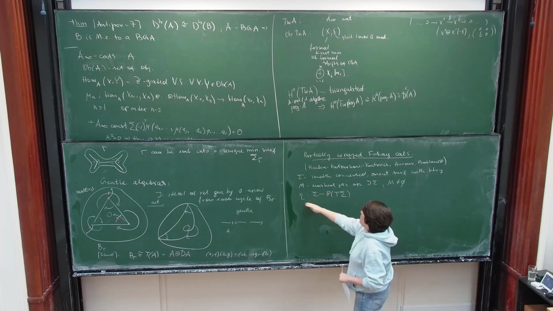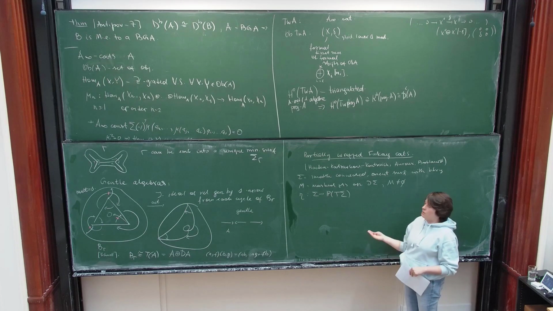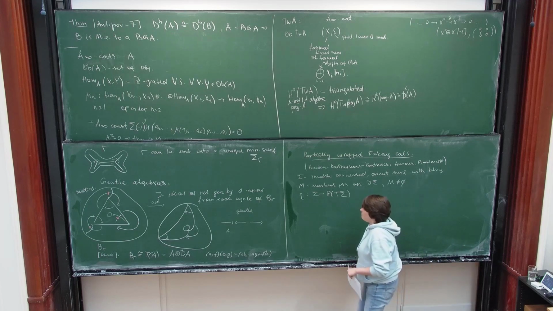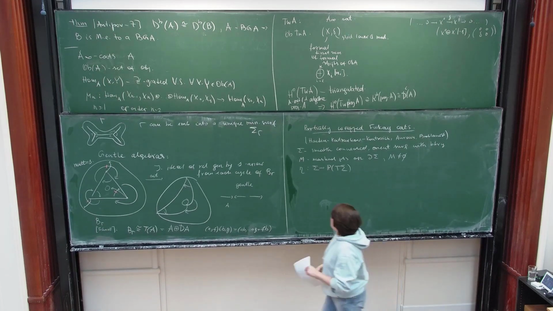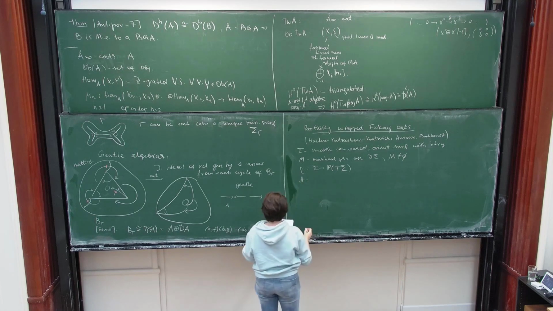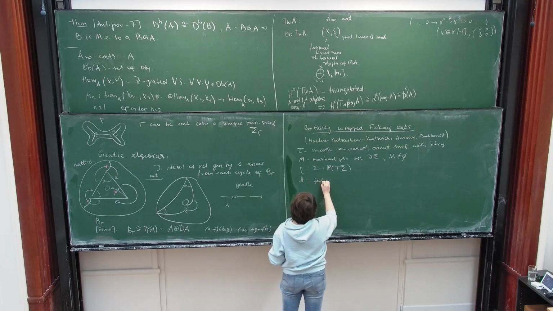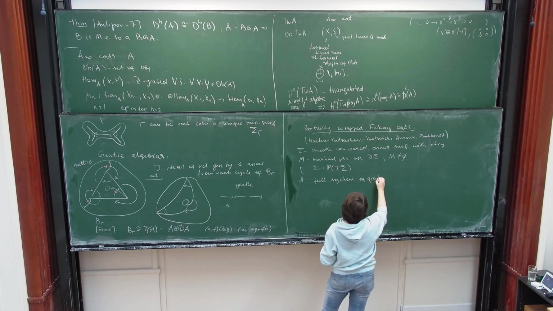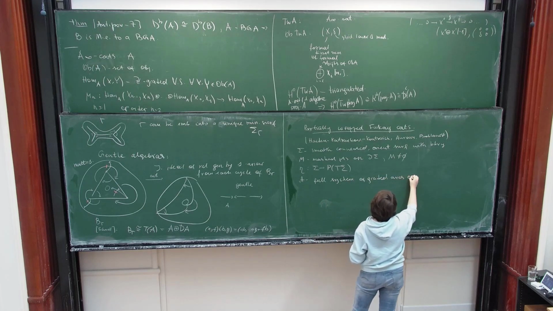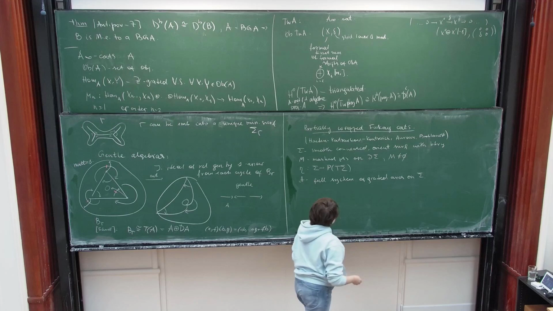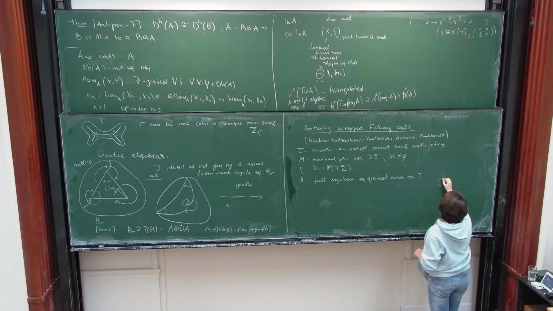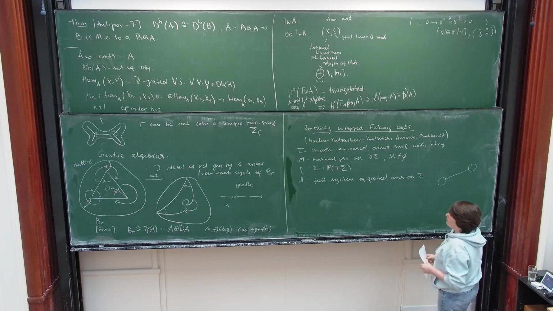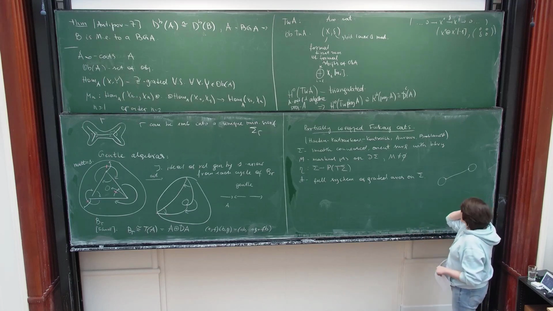Okay, and this line field is going to allow us to equip the hom spaces with some grading. Now we are also going to consider the full system of graded arcs. So these are arcs which are going to go from one marked point to another marked point, and they're not going to have intersection in the interior of the surface.